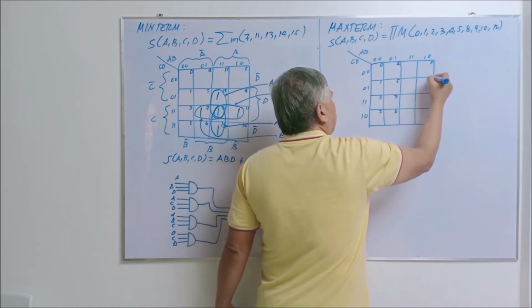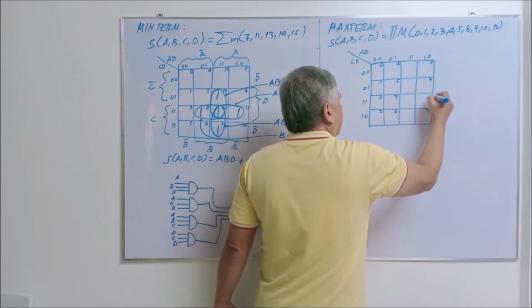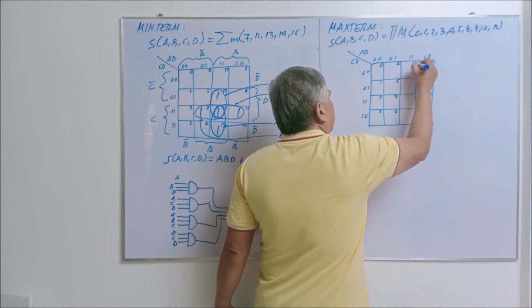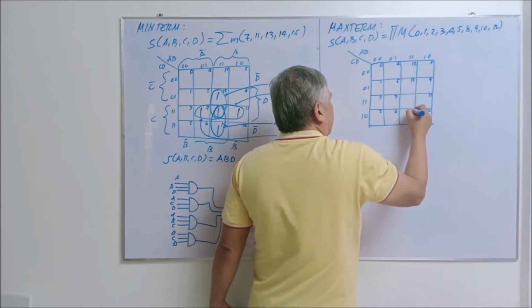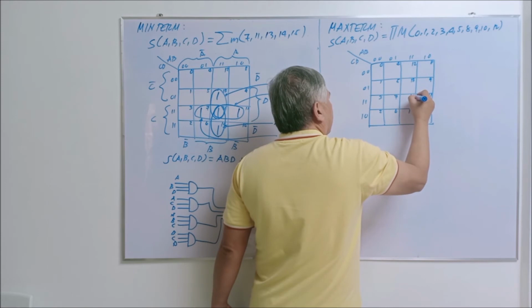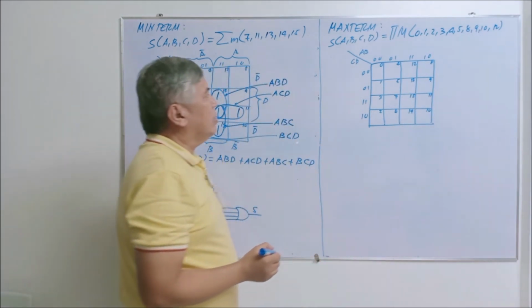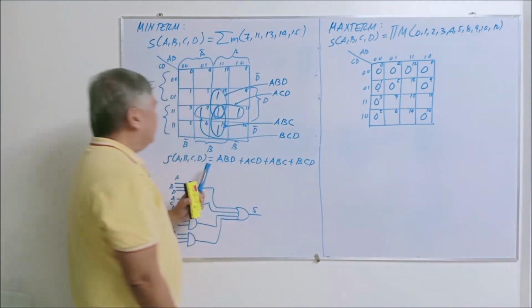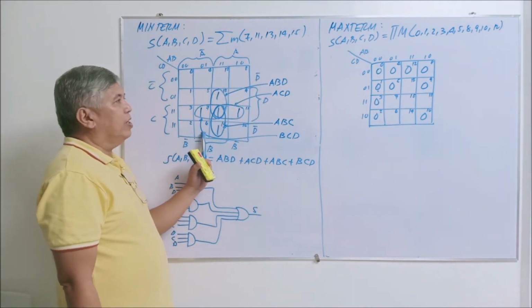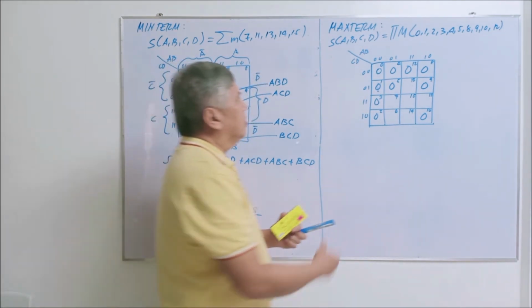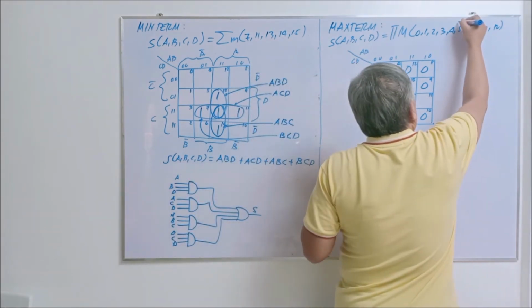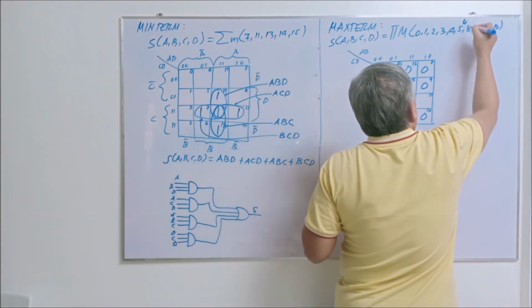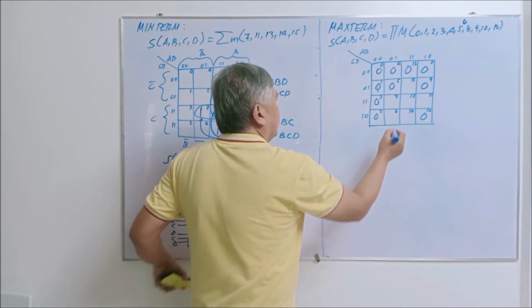Then here 8, 9, 10, 11, 12, 13, 14, and 15. Then we locate the max terms. By the way, we forgot to place or include the 6, no? So we just put it here. After 5 is 6. So we include 6 here.